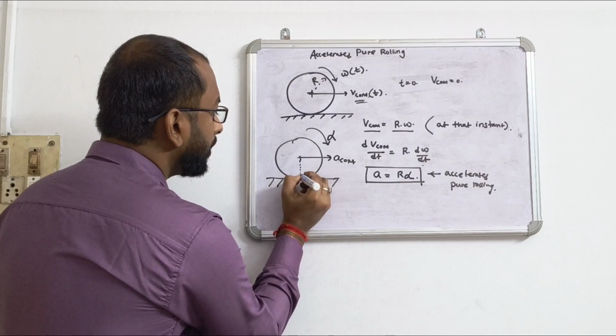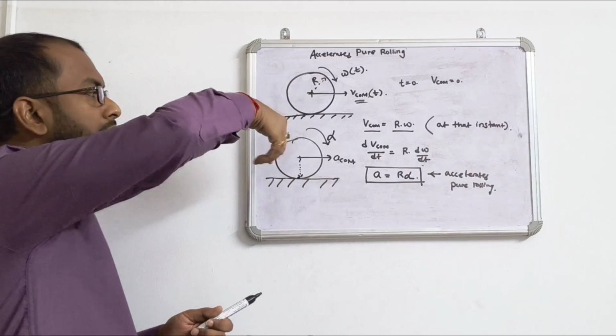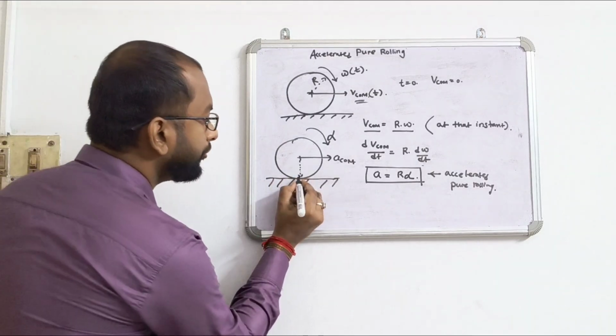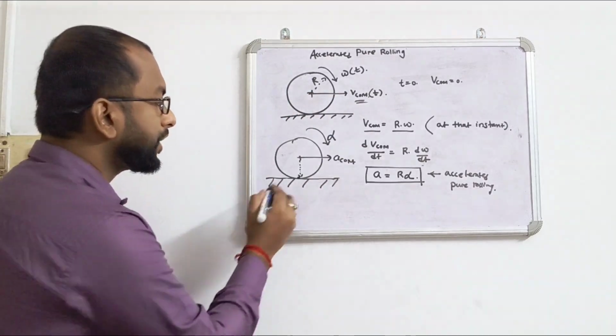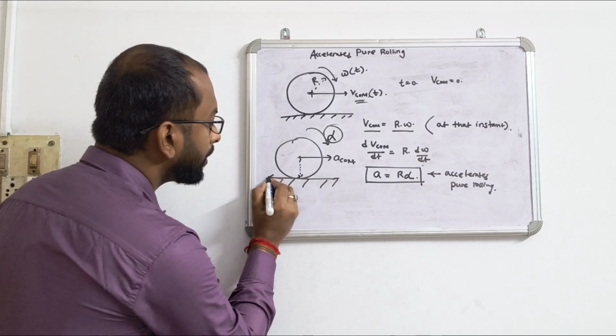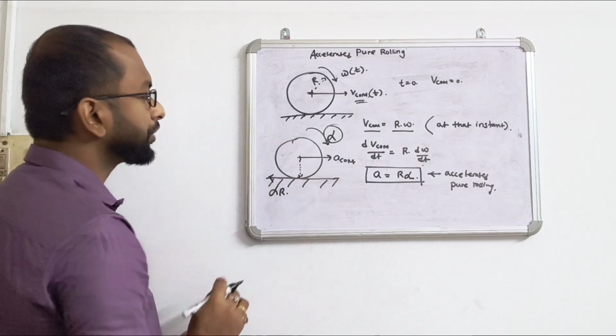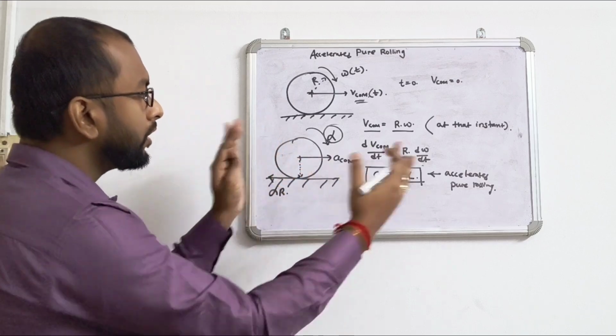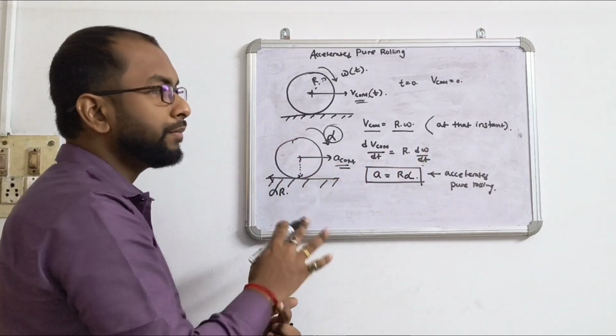See, it is having angular acceleration, which is also giving rise to the tangential acceleration due to the change of omega. This is alpha into r in this direction. But the entire body is moving with acceleration of ACOM in the forward direction.